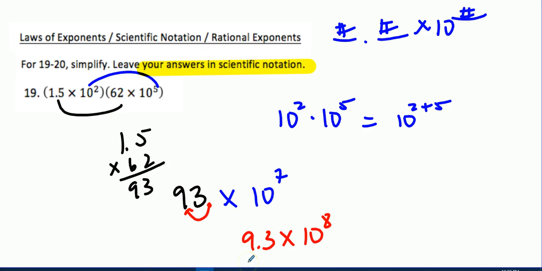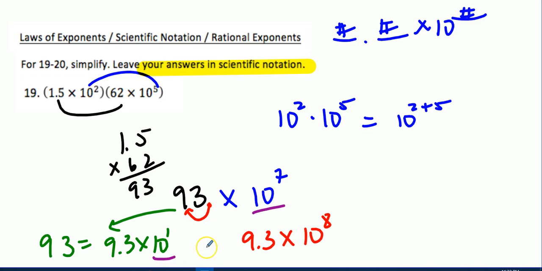And if you weren't sure about that, I could show an intermediate step here. What I did first was 93 is 9.3 times 10 to the 1st. Because again, if I take that positive 1 and I move it in the positive direction, I get back that number again. And the 10 to the 1st and the 10 to the 7th equals 10 to the 8th, because I add the exponents.